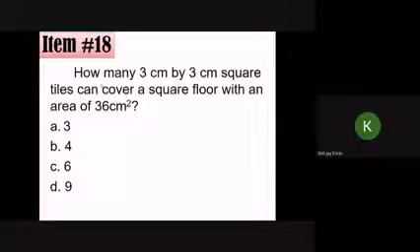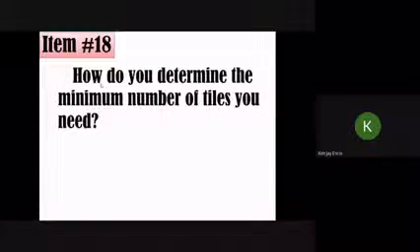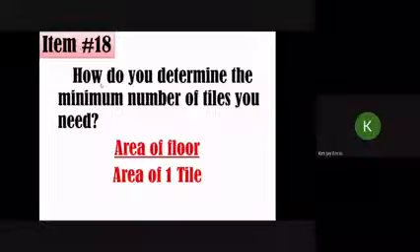Assuming that your floor is rectangular and your tiles are both quadrilaterals, like squares or rectangles, how do you determine the minimum number of tiles you need? You get first the area of the floor, and you get the area of one tile of your choice.